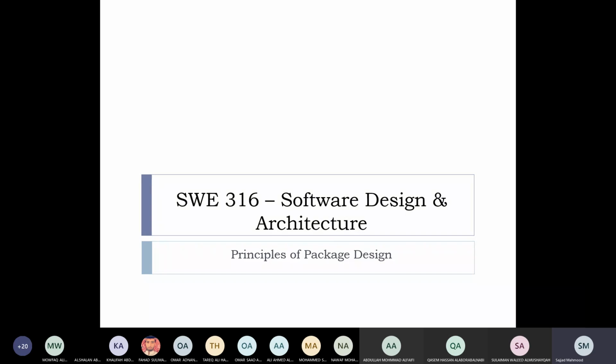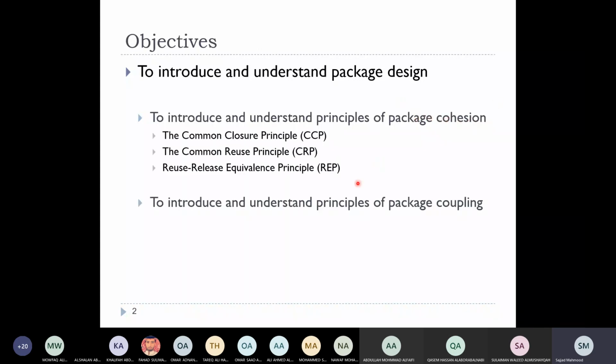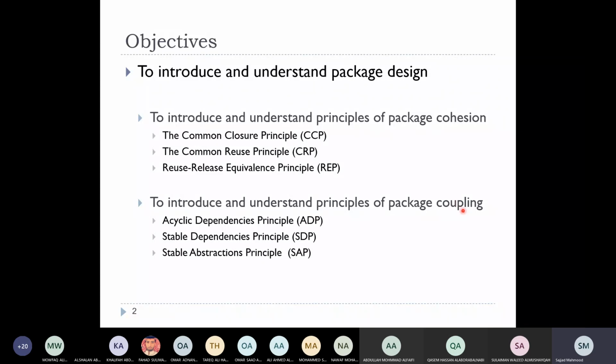For the last 2 lectures, we have been focusing on the concept of package design. We have understood that when designing packages, we have to make packages more cohesive and make sure there is minimal coupling between packages.